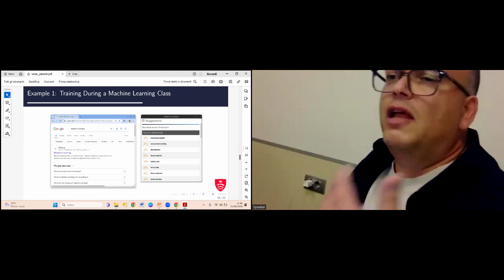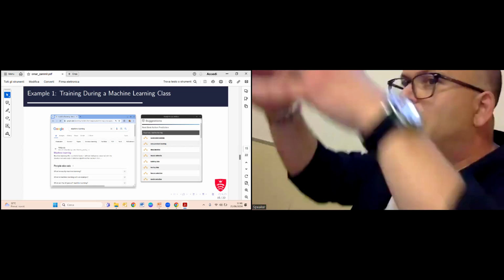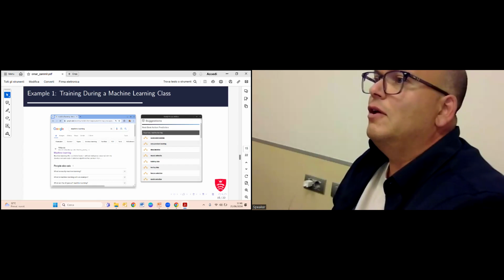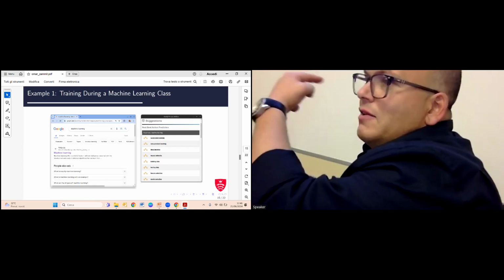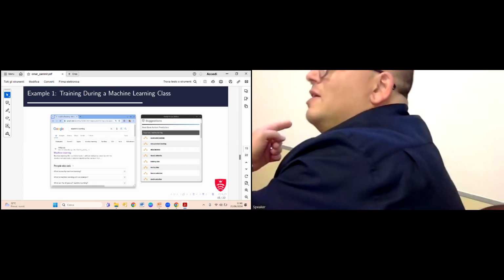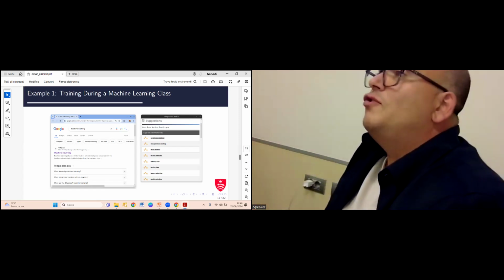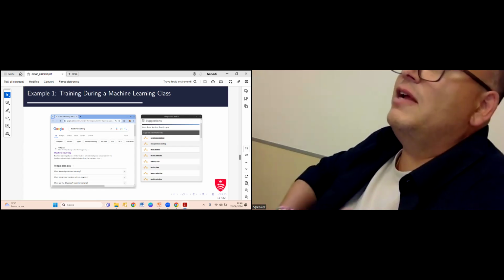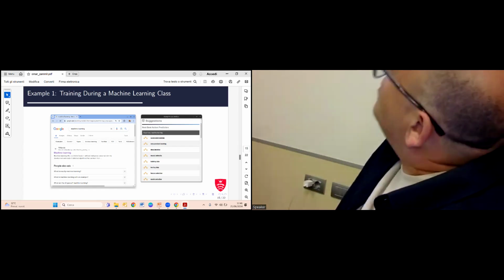They are all topics under the umbrella of machine learning. And when we dig deeper into where this was captured, so we ask, how did the algorithm learn about this? We noticed that it learned during a machine learning lecture. So the lecturer was delivering a lecture, mentioning all these things.